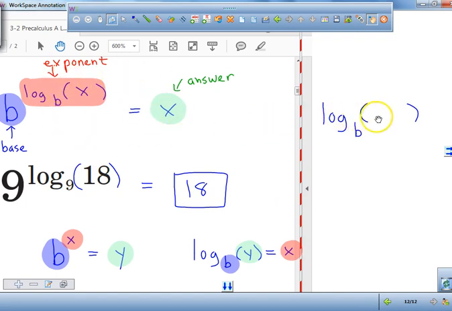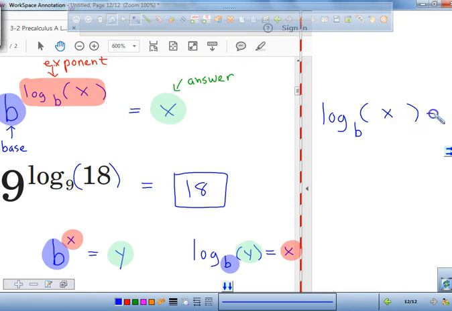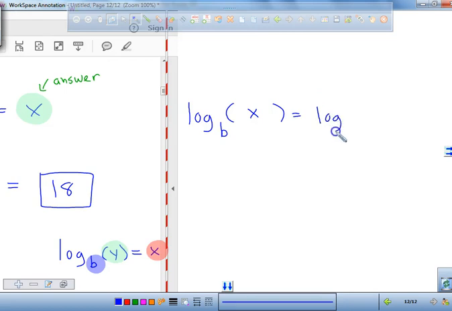What's my answer? X equals. What is my exponent? What's my exponent? Log base b of x. So log base b of x ends up equaling what? Log base b of x.